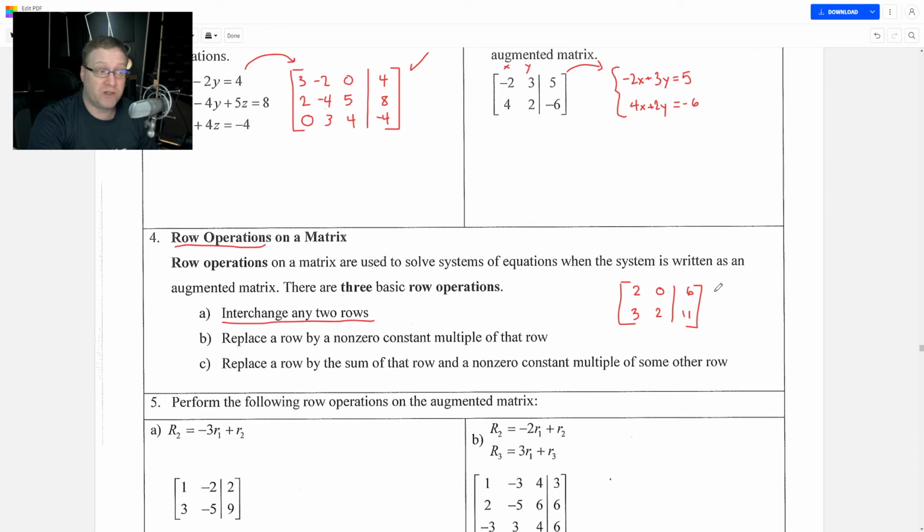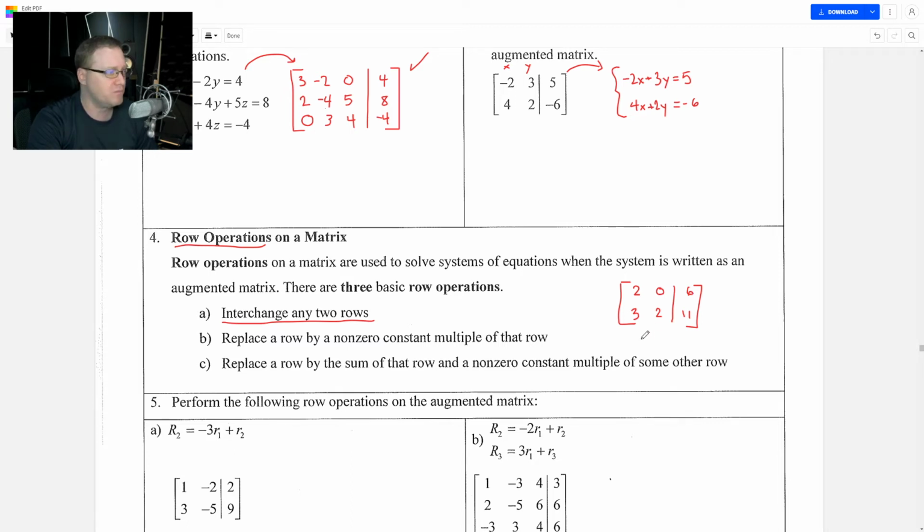Well, this means if I switch these two, now we're going to have on the top 3x plus 2y equals 11, and on the bottom 2x equals 6. But that's the same meaning. It doesn't change the value of x and y if we just switch the rows. So that is a row operation. We can do that, and it doesn't change our system of equations. The system of equations still remains the same.